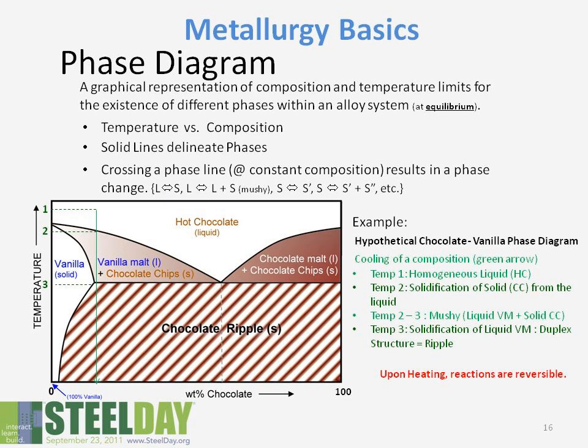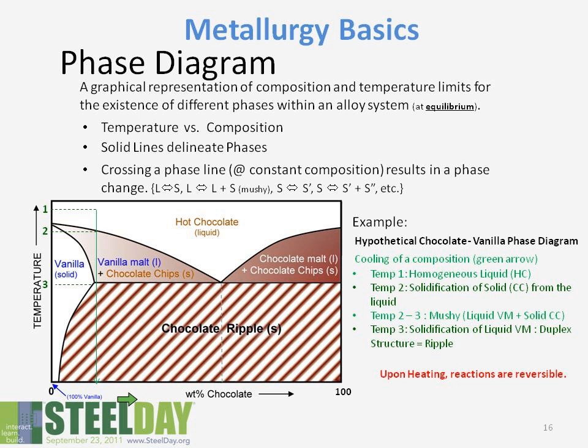What is a phase diagram? Essentially, a phase diagram is a graphical representation showing temperature versus composition for an alloy. In this case, it's a 2-component alloy. I've given a hypothetical chocolate vanilla phase diagram. We can see on the vertical axis we have temperature. On the horizontal axis we have weight percent chocolate.